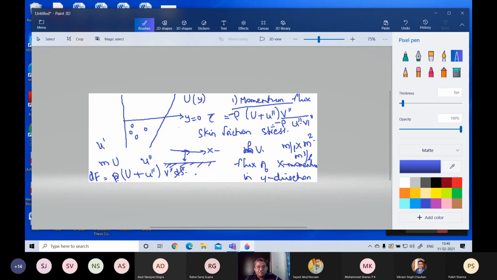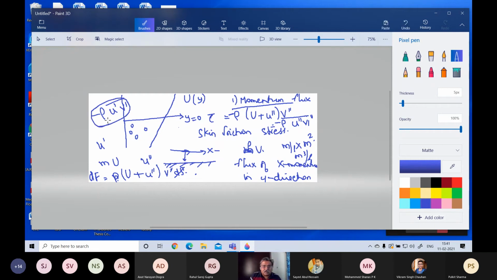You can see that this looks very much like the turbulent stress, like minus rho u prime v prime. The fact is that any stress produced as a result of momentum flux can be written like this, in some fashion similar to this.